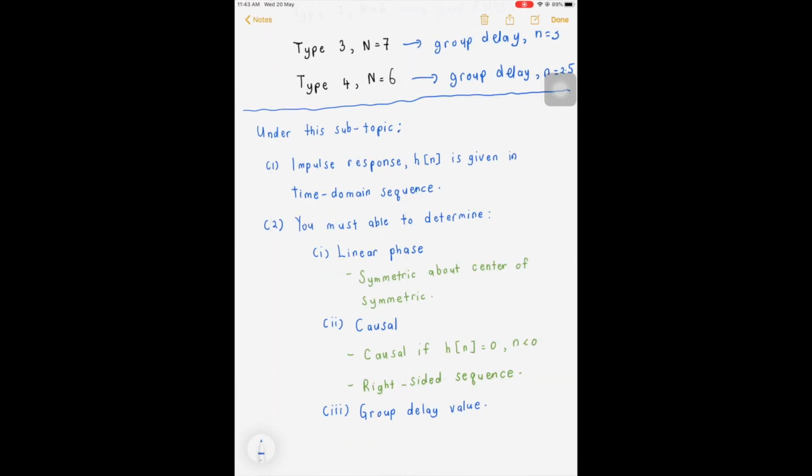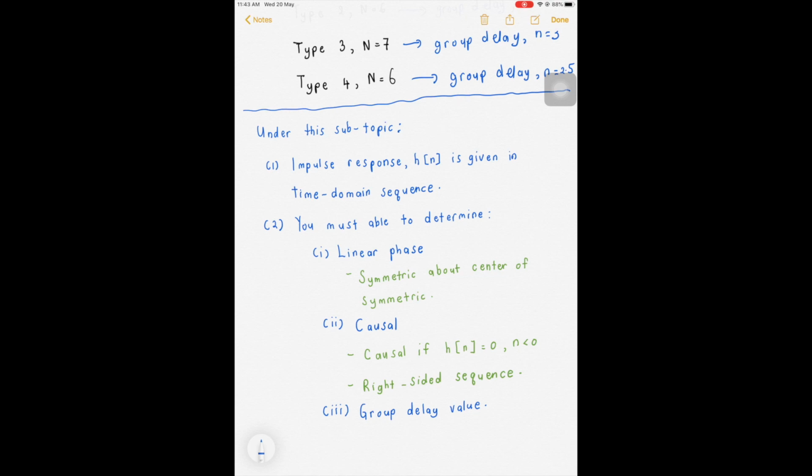Under this subtopic, you will have the impulse response h[n], which is given as a time domain sequence. You must make sure you can determine what is linear phase. Go back to the definition: linear phase is symmetric about the center of symmetry.